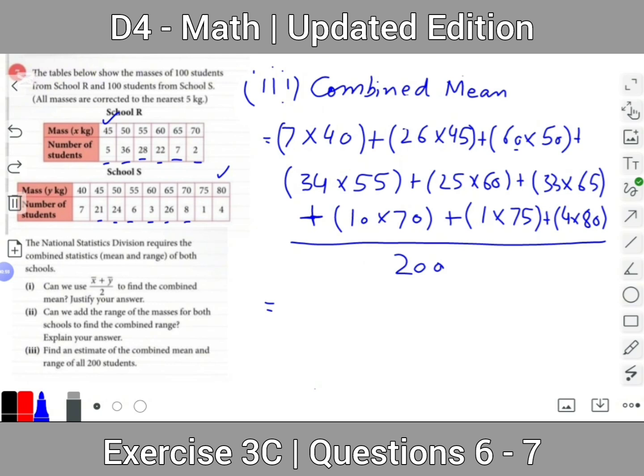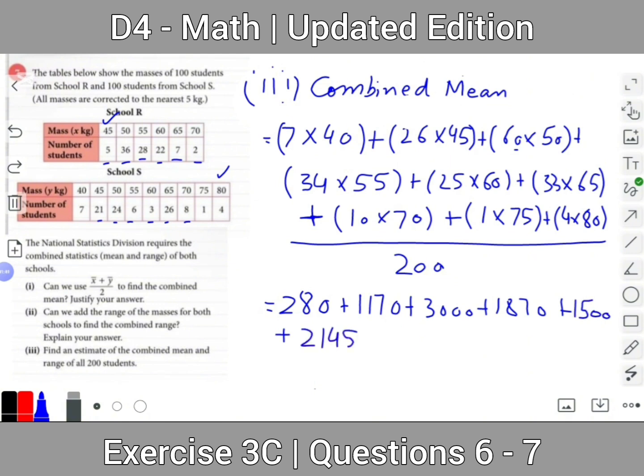7 multiplied by 40 is equals to 280 plus 26 multiplied by 45 is 1170 plus 60 multiplied by 50 is equals to 3000 plus 34 multiplied by 55 is 1870 plus 25 multiplied by 60 is equals to 1500 plus 33 multiplied by 65 is 2145 plus 10 multiplied by 70 is equals to 700 plus 75 and 80 multiplied by 4 is 320 divided by 200.